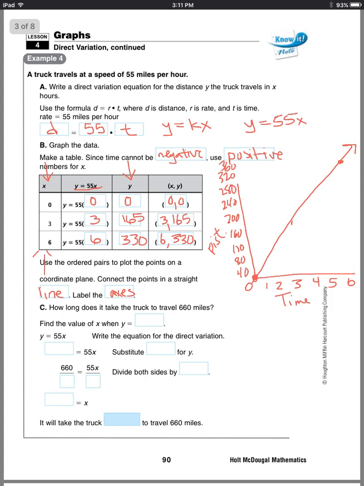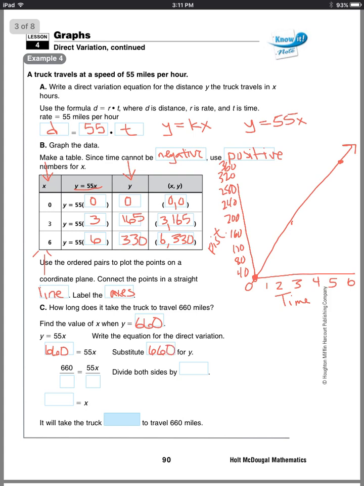How long does it take the truck to travel 660 miles? Find the value of x when y equals 660 miles, because our y is our distance. Okay, so we have y equals 55x, and now instead of substituting for x, we know that y equals 660. So we're going to put that in for y.